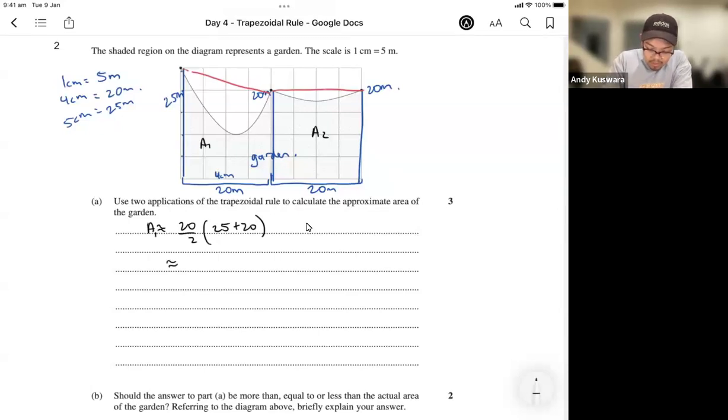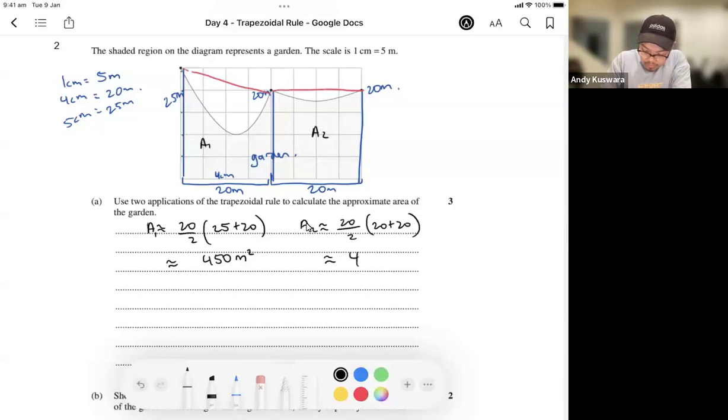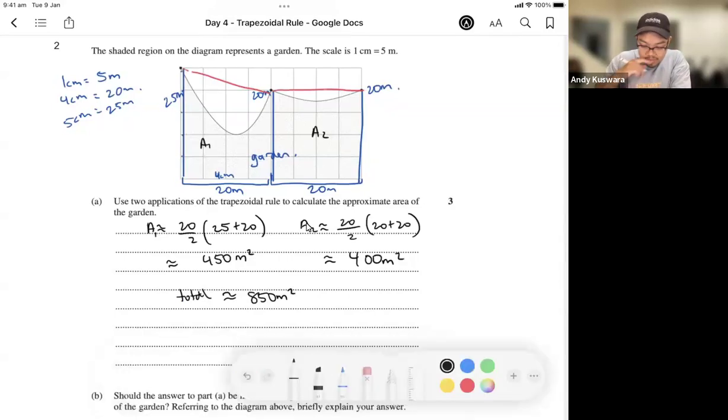This one here is going to be 450 meters squared. Okay. The area 2, it's going to be 20 on 2 again. This time it's going to be 20 plus 20 because that's your first and your last. That should give you 400. Okay, so that means it's approximately 400 plus 450, which is a total of 850 meters squared.